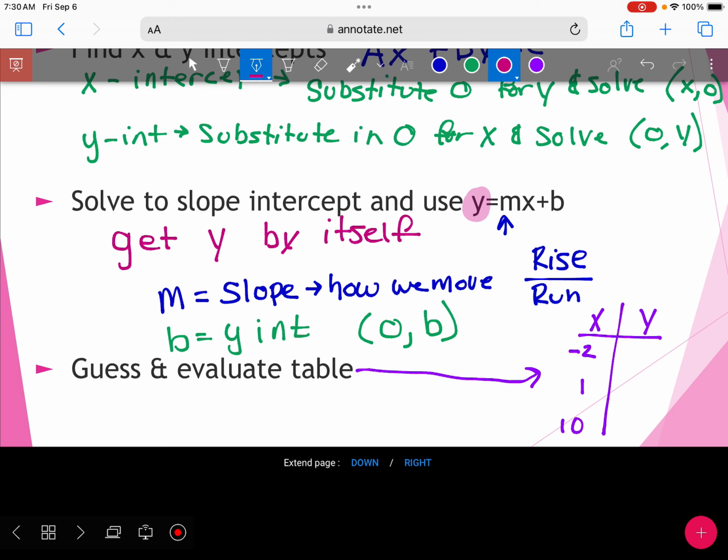Okay, so we pick x's by the vibes or by intuition and substitute in. So that one I think has the most calculations, but most of them are typed into the calculator. So I tend to not use the guess and check table as much, but it is an absolutely valid strategy.